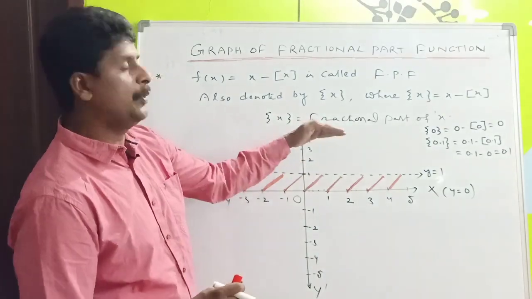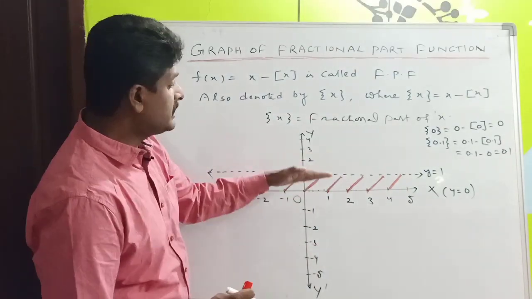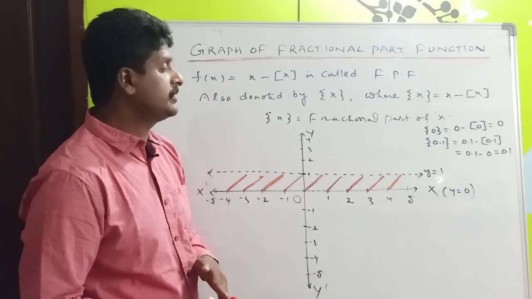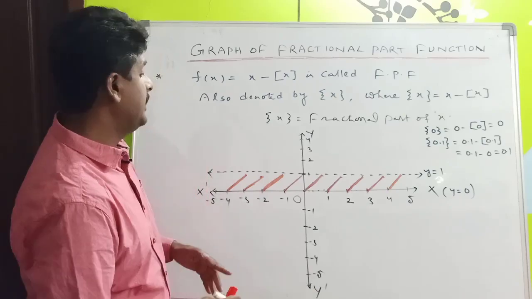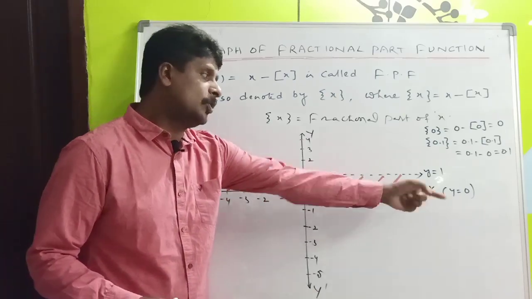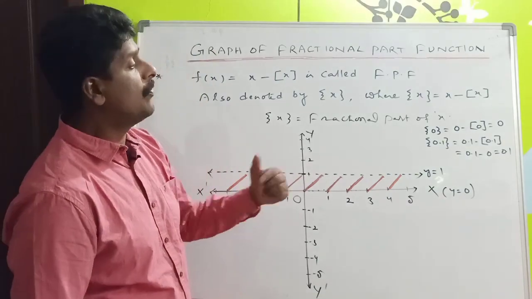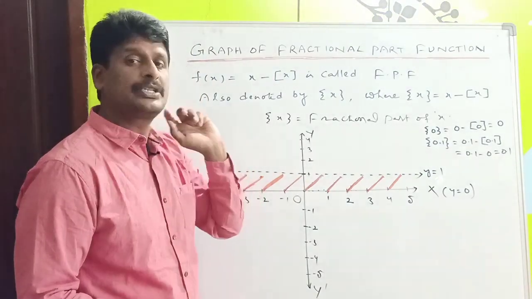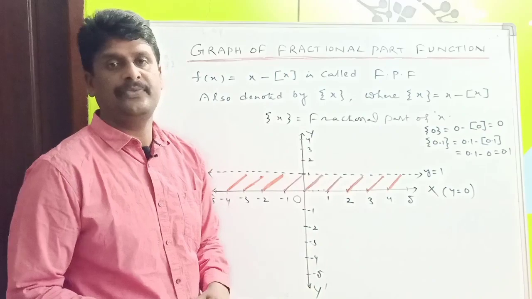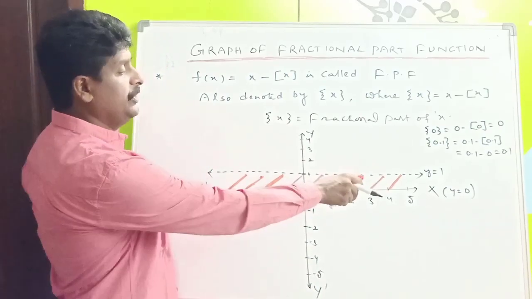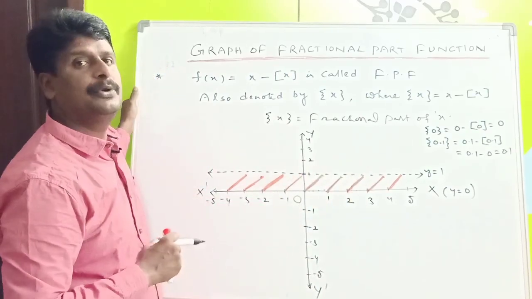It never goes above that line. That's why its range is the interval [0, 1). It never equals 1, that's why it is open at 1. So its minimum value is 0, and the maximum value is 1.